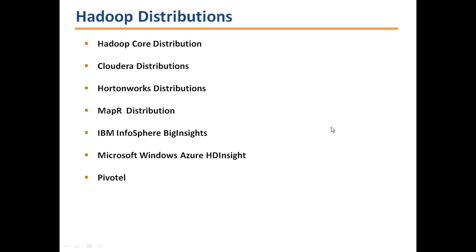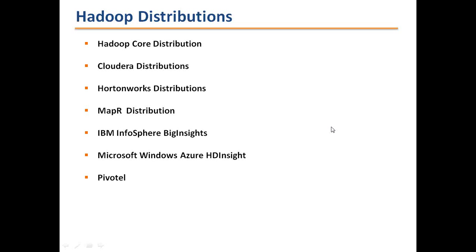So some companies use certain distributions based on their relations with the distribution companies. Some companies are using Cloudera, some are using Hortonworks. As of my knowledge, Cloudera, Hortonworks, and MapR are the popular ones. Apart from these, other companies use other distributions based on their interests.